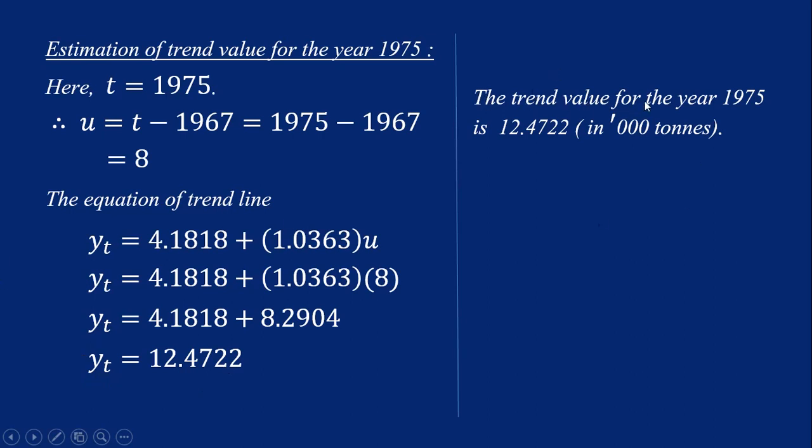So the trend value for the year 1975 is 12.4722 in 1000 tons. 12.4722 thousand tons will be the production in 1975. So using this equation of the trend line, we find the production in 1975, while the data was available only up to 1972.